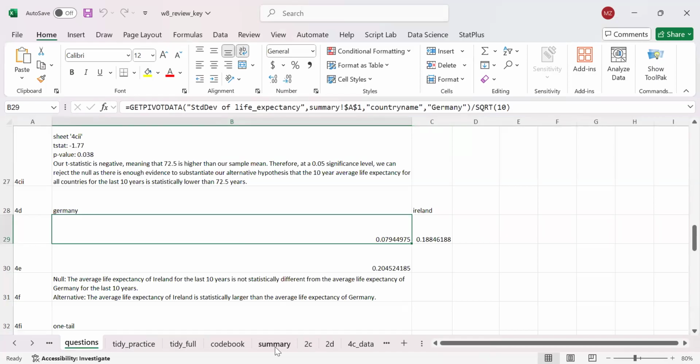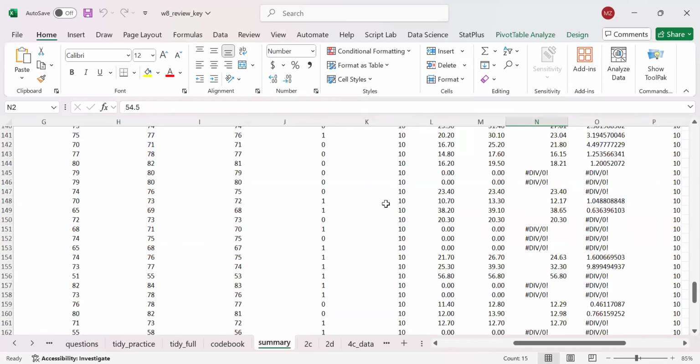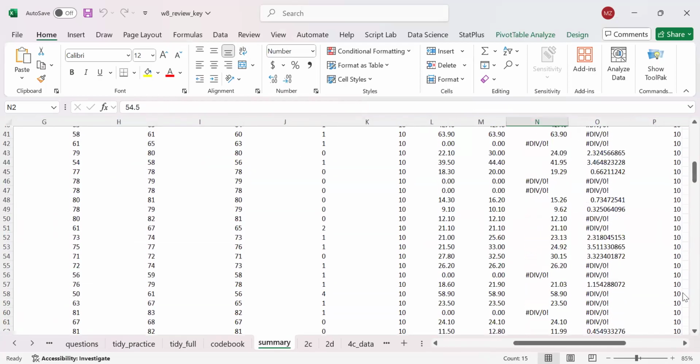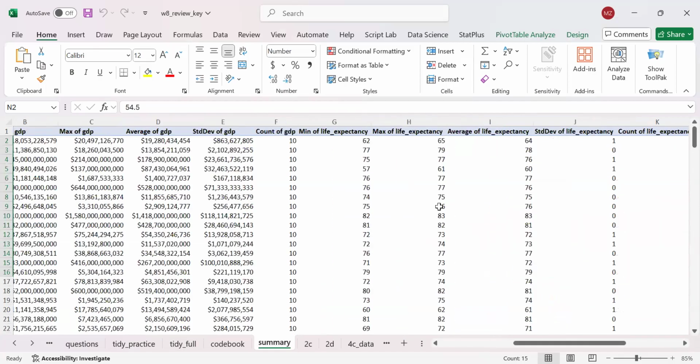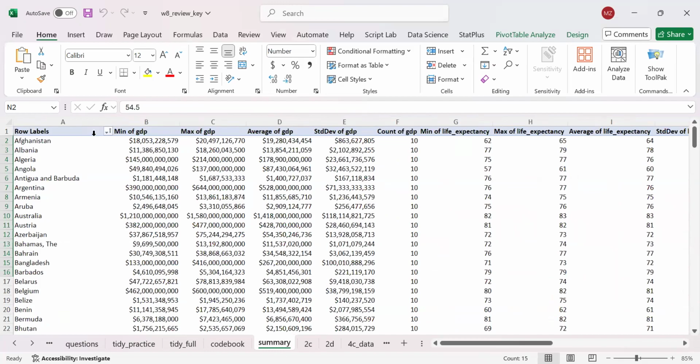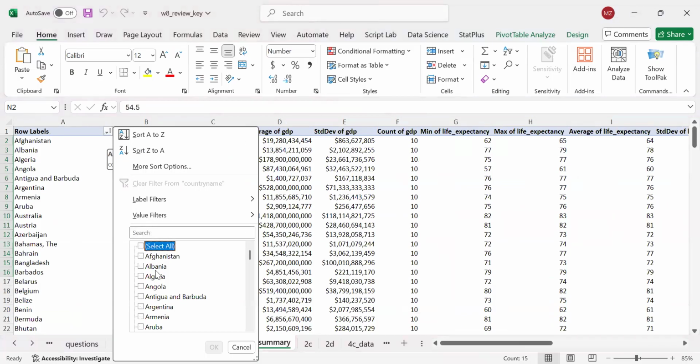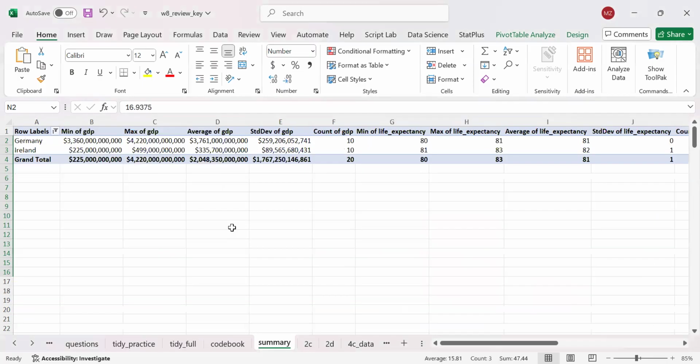So what we can do is use our summary table here, and in the summary table we can filter for Germany and Ireland, sorry, not Japan. So we'll get these two countries, right?